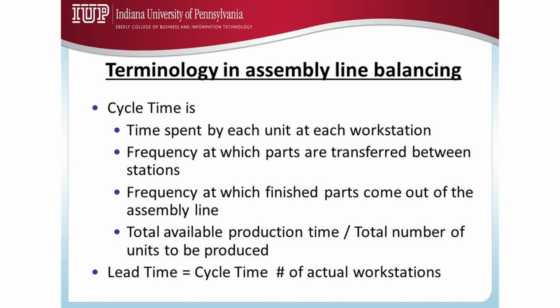And how do you calculate this cycle time? Cycle time is nothing but the total available production time. So if I have 10 hours of production in a day, that is total available production time, divided by total number of units to be produced.